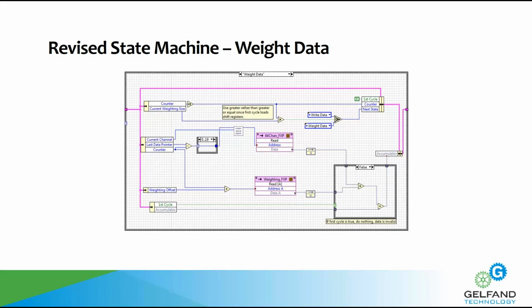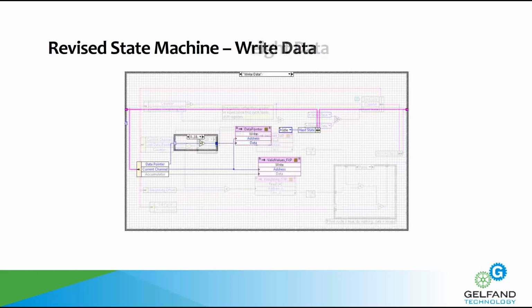I don't care about my data the first time, but the second time through, when I'm moving the pointers, I'm going to get the data in the third iteration. So if I needed 20 elements, I would have to execute 21 times. I don't have to execute 40 times. Oh, of course. So then finally, I write the data off to, in this case, I moved it to a memory location as well.